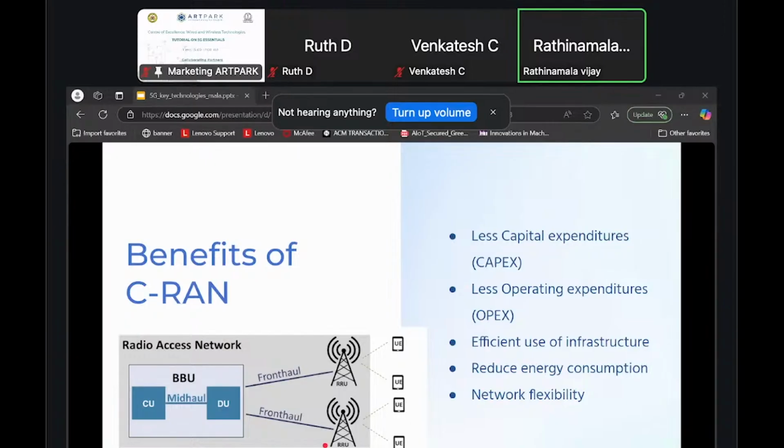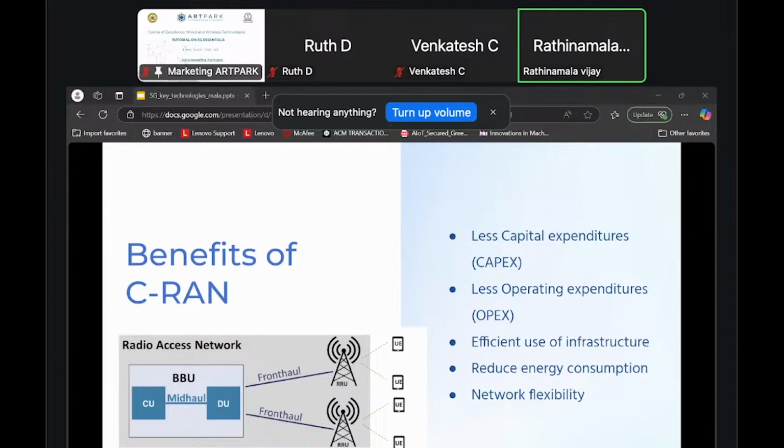And if someone has to implement a 5G private network, he can choose his own CU-DU combination based on what kind of investment he can make. He can choose these components, which are all 5G compliant as well, right? So that is the benefit of using cloud radio access networks.